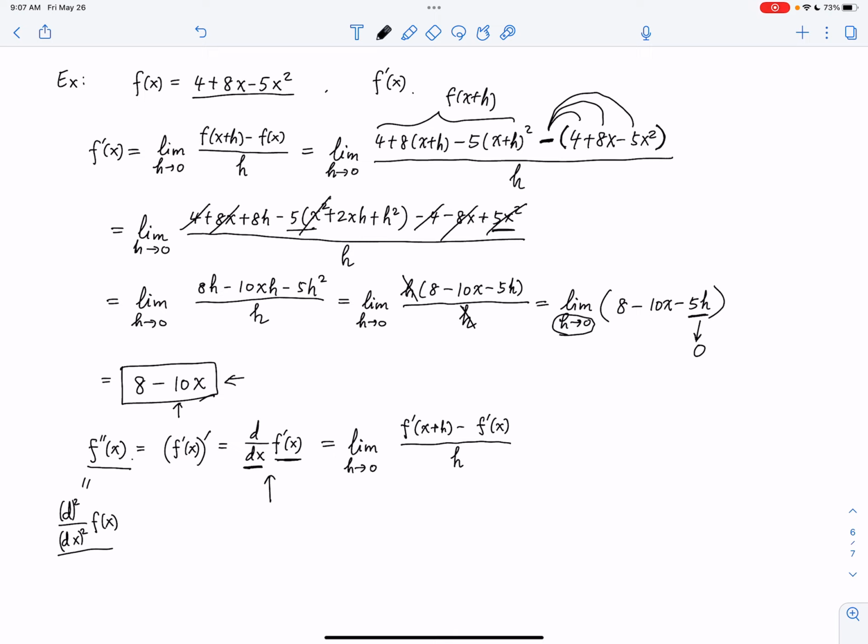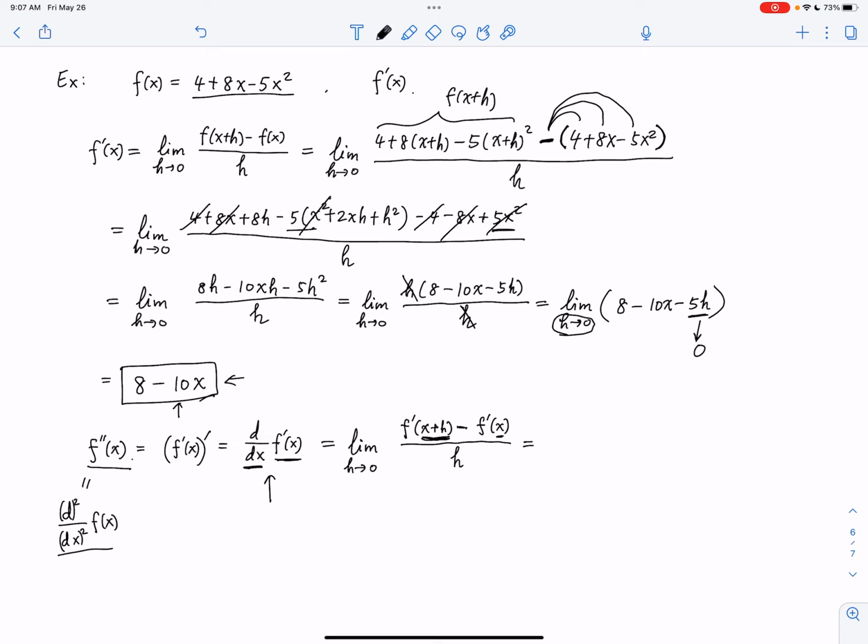Okay, so here you have to think about this very carefully. F prime is the function you want to take derivative. So you just, from the definition, you simply plug in this function f prime, but for x plus h, minus this function at x. So that's f prime x plus h minus f prime x over h.